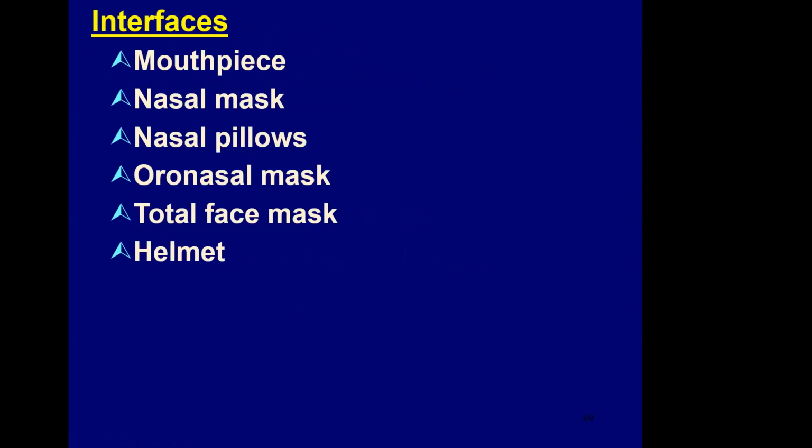Here are the types of interface we have for NPPV. First, mouthpiece. And the mouthpiece is good for intermittent use, a short term. Then there is the nasal mask, nasal pillows, the oronasal mask, the total face mask, and finally, the helmet.